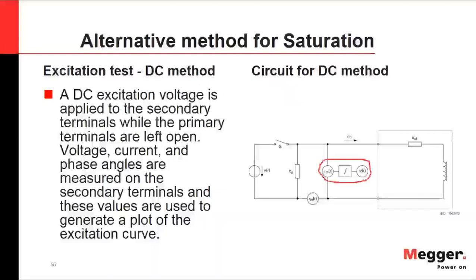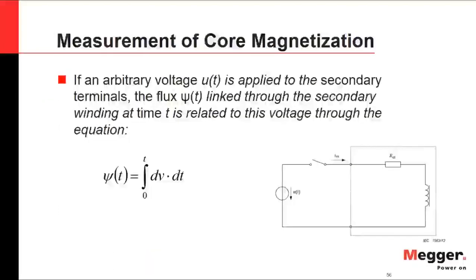And we will look into the saturation curve, voltage time versus excitation curve. To say it in other words, in an arbitrary voltage as a function of time, this voltage is applied to the secondary terminals, and the flux as a function of time that is linked through the secondary winding at time t is related to this voltage according to the equation below.